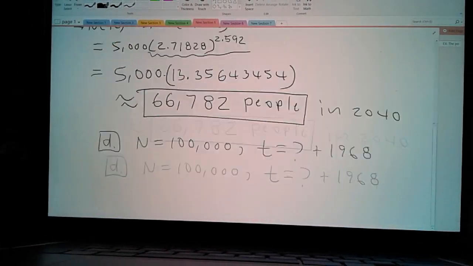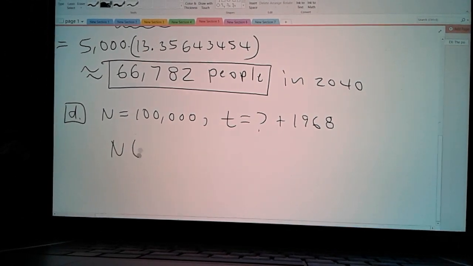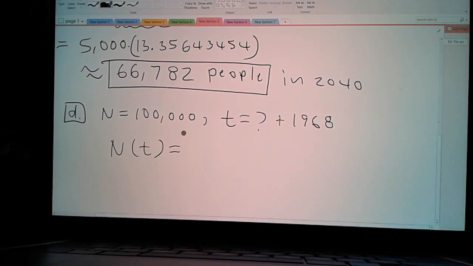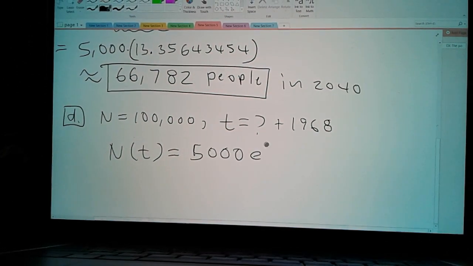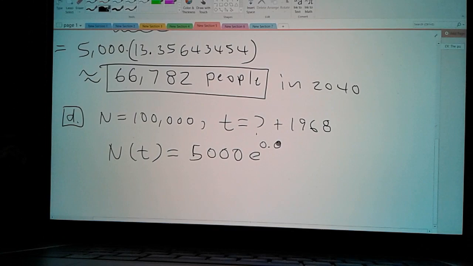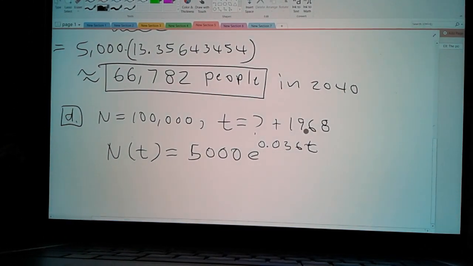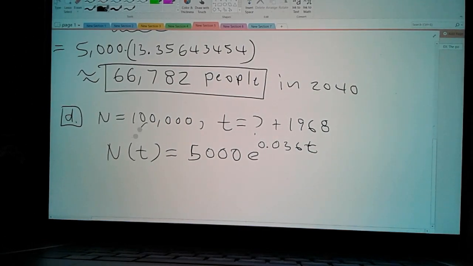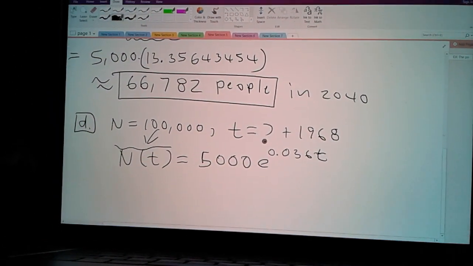All right, well, we have an equation to work with. So what's our equation? We have N of t is equal to 5,000 e to the 0.036 t. That is our model. I'm going to put in 100,000 for N, and I'm going to solve it for t. I'm going to figure out t first.